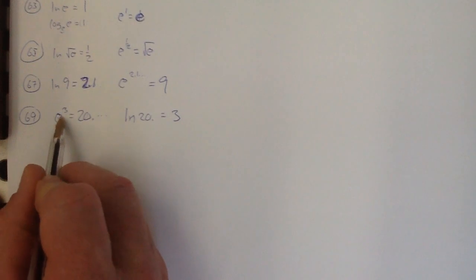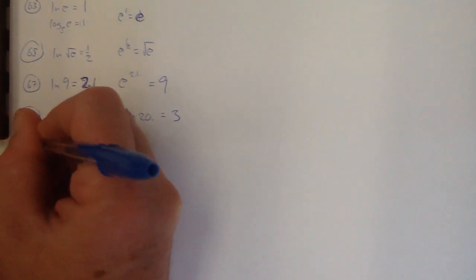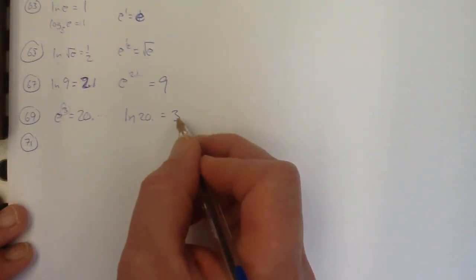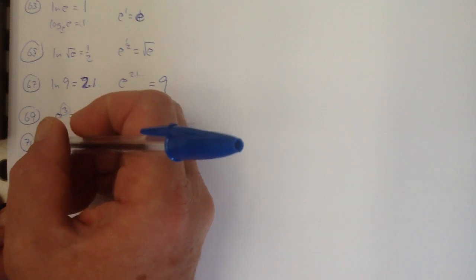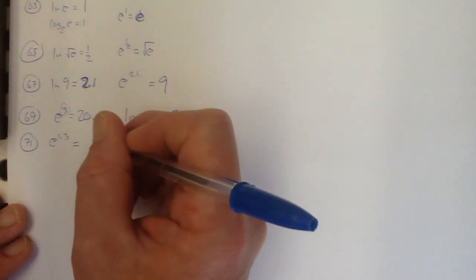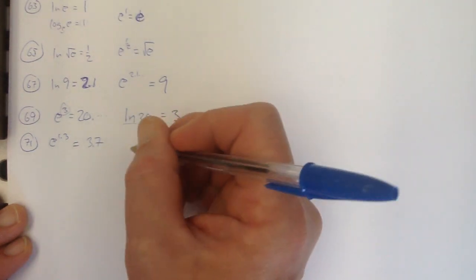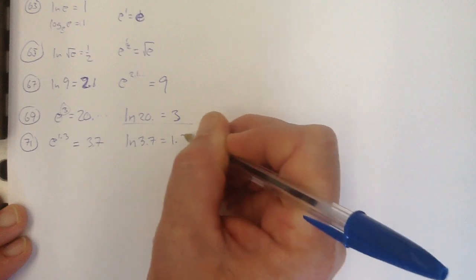Log base e, that's natural log, of 20 is equal to that. Exponent always goes on the other side when we're rewriting using logarithms. Number 71, e to the 1.3 is equal to 3.7-ish because the natural log of 3.7-ish is equal to 1.3.